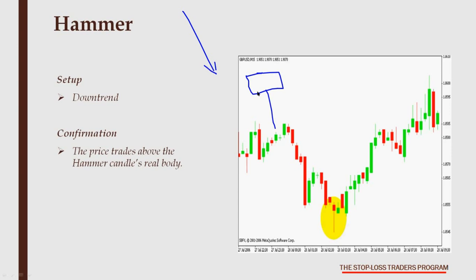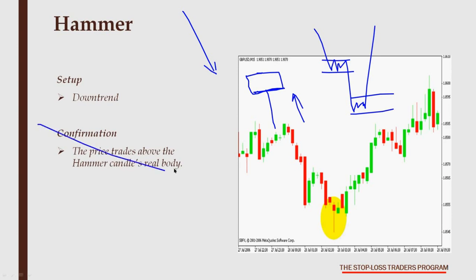On the lower time frame, is there a high chance that I may find an engulf? Buying pressure is there, engulf of a supply zone, price coming down, going up. Is there a probability of that? Highest probability. So therefore I don't need this confirmation. This confirmation is not required.